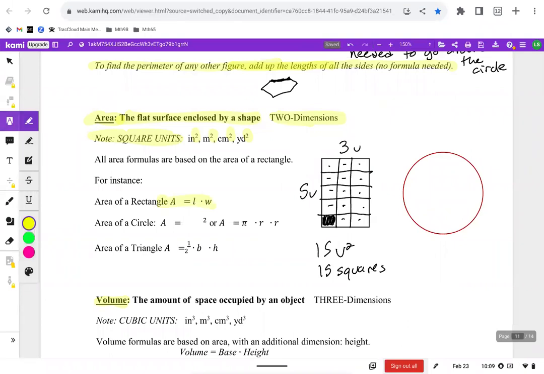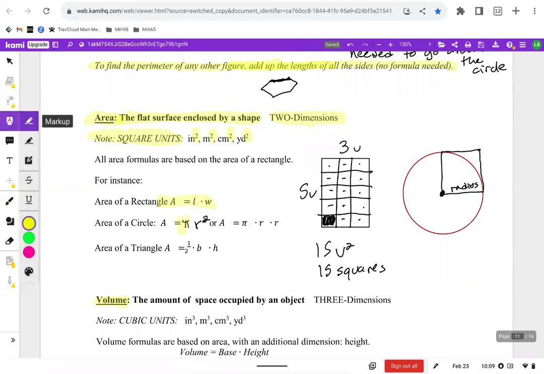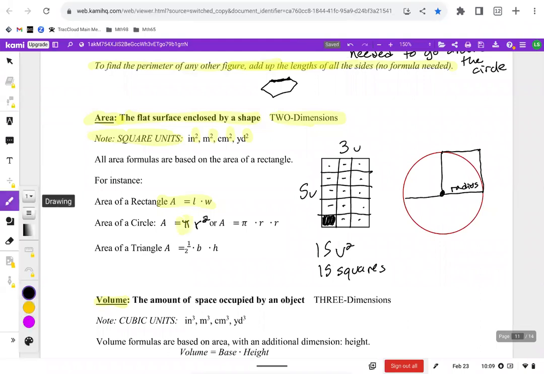And if we are looking for the area of a circle, it's going to be based on the radius. If I take this radius and I make it into a square, I need approximately 3 squares to cover or wallpaper the circle.